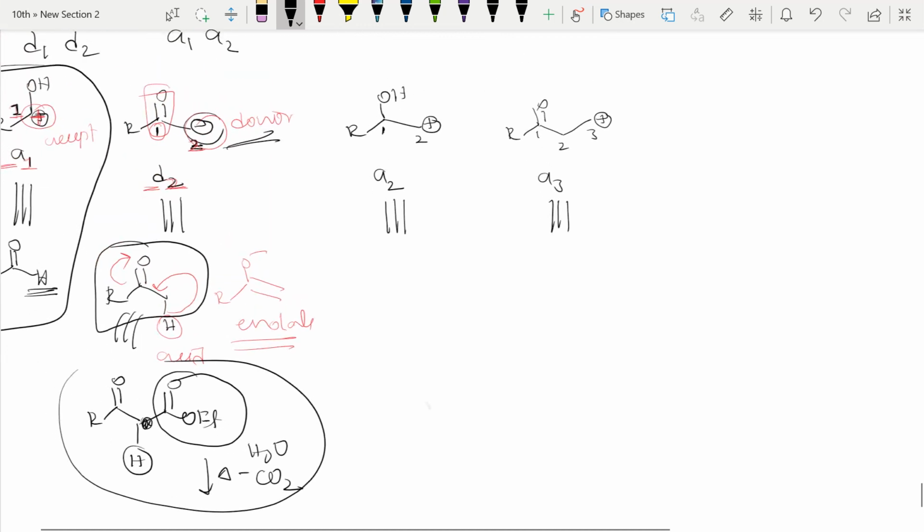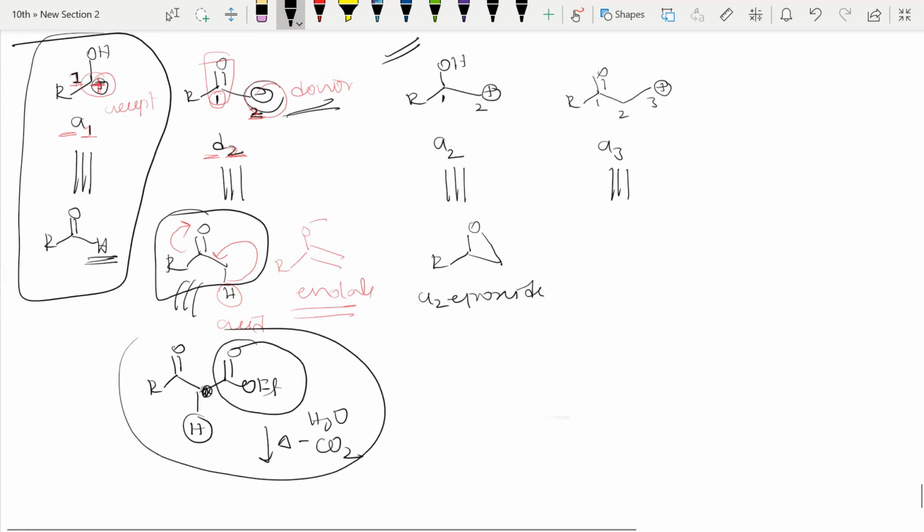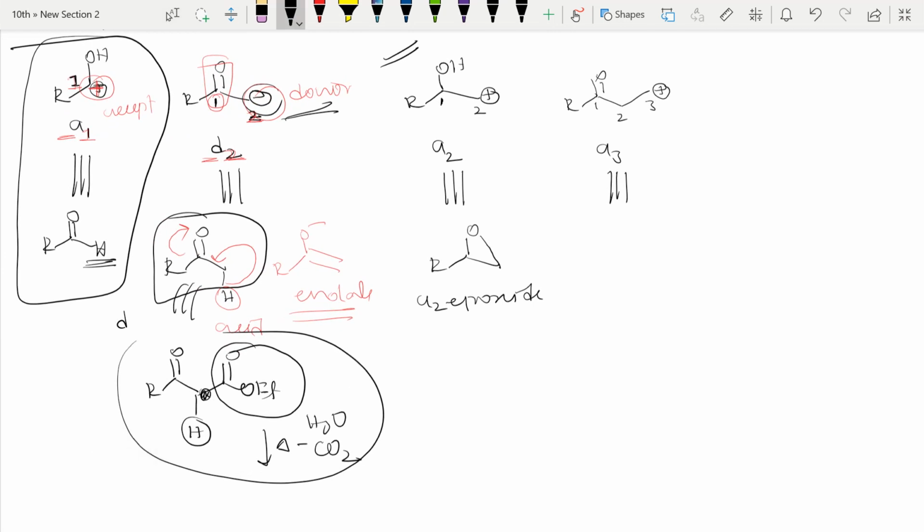Next, come here. Here I have told you this is R, and the oxygen is there, which can give its lone pair and form an epoxide, so it is called E2 epoxide, right? And this is called D2 ketone. Like that you should understand.